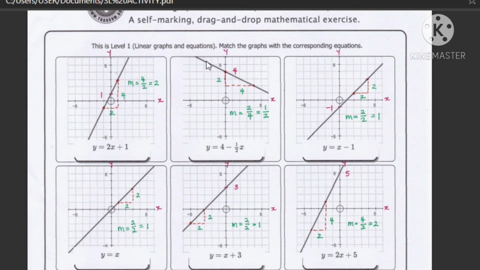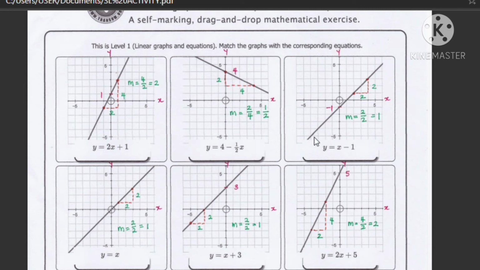As it's going downward, it will be negative. So the answer is y equal to 4 minus 1 over 2x, or in the correct terms, y equal to negative 1 over 2x plus 4.